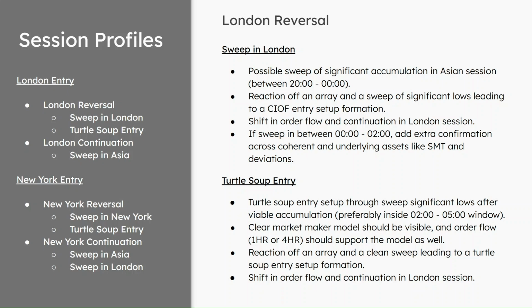If you're looking for turtle soup entries anytime, anywhere, the two most important, non-negotiable criteria are that we need a clear market maker model and an order flow, either on the hourly or on the 4-hour, that supports the market maker model. Reaction of the arrays and a clean sweep leading to a turtle soup entry formation is the ideal scenario that we look for. Shift in order flow and continuation in London session should follow the turtle soup entry.